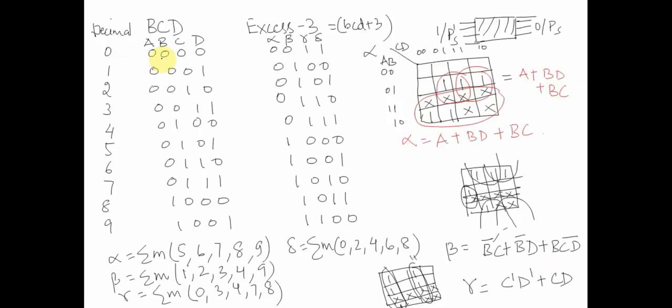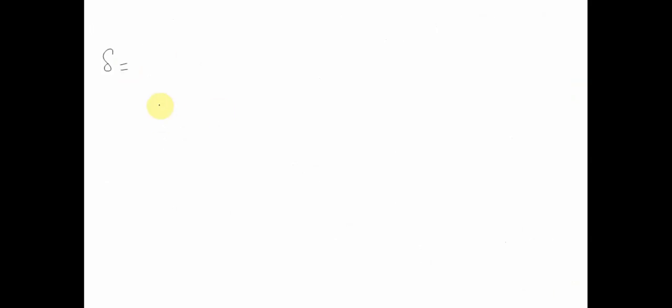Similarly, if we look at delta now, my delta was equal to summation of 0, 2, 4, 6, 8. We have to draw it.